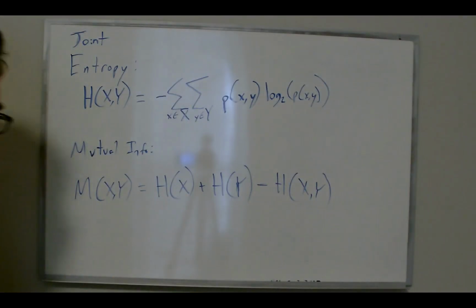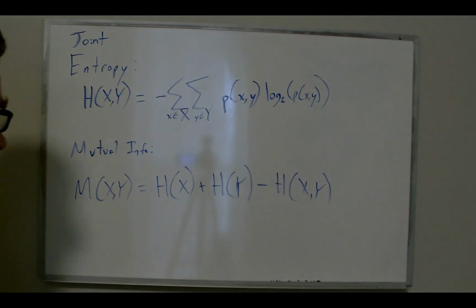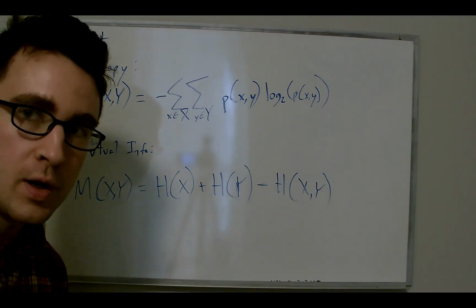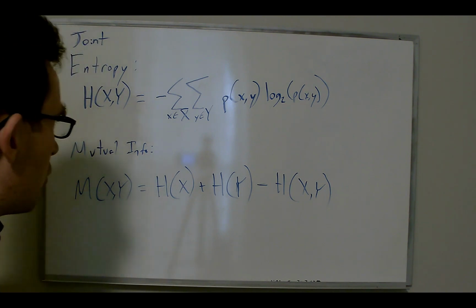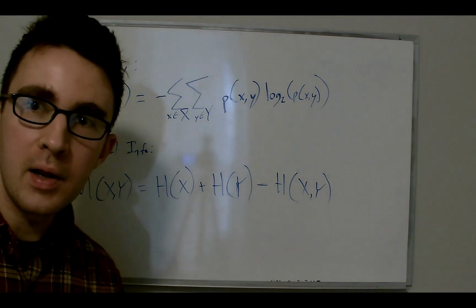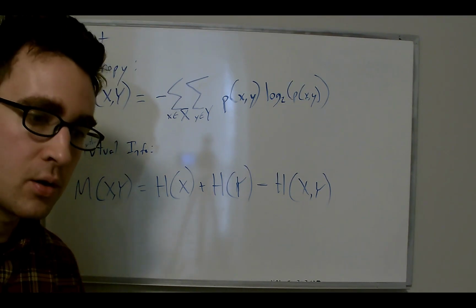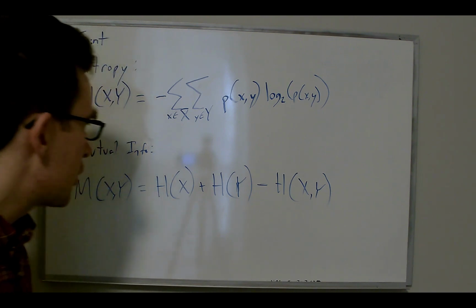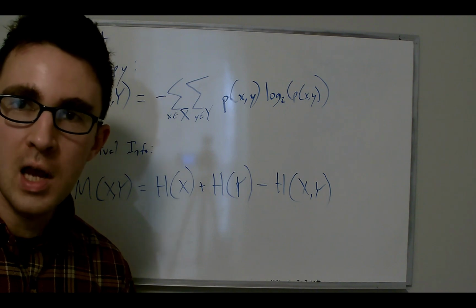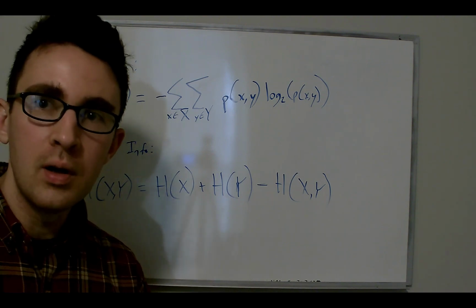So let's just think about what this means conceptually for a second, okay? Remember, we said that the entropy is like the measure of the uncertainty of a random variable. So if two random variables are not statistically dependent on each other at all, then the uncertainty of the joint distribution will be the same as the uncertainty of the two combined separate distributions.